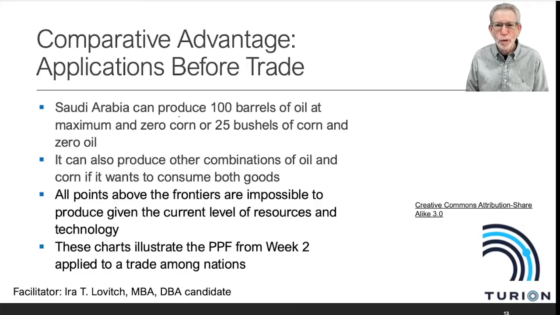Of course, it could also produce, similar to education and healthcare, many other combinations if they wanted to consume both goods. These are the extremes. All points above the frontiers are impossible to produce given the current level of resources and technology.